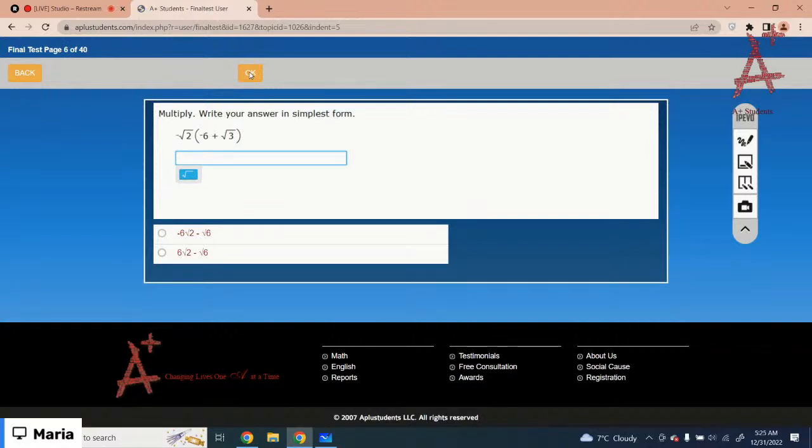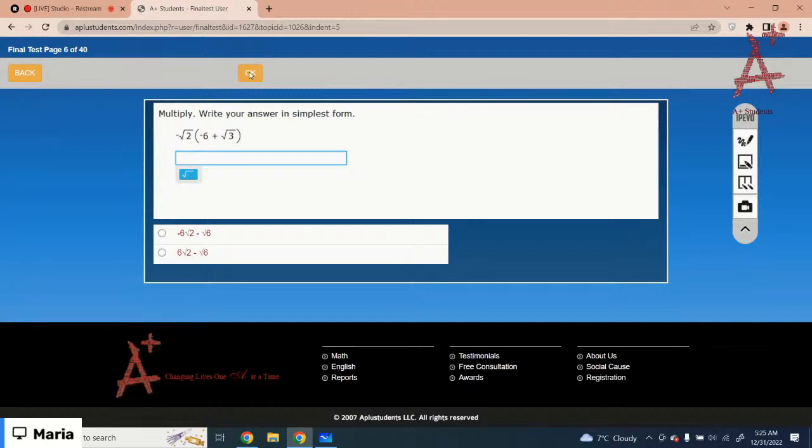Okay, the next one is negative square root 2 times 6 plus square root 3. So you can multiply the negative square root 2 that is written outside the bracket with both the things that are inside the bracket. Got it?